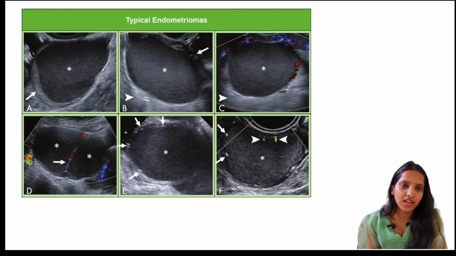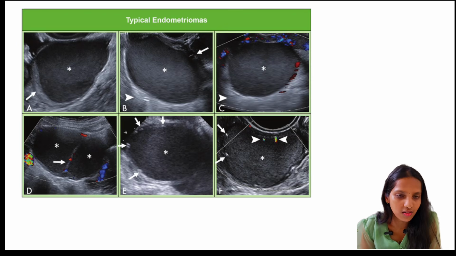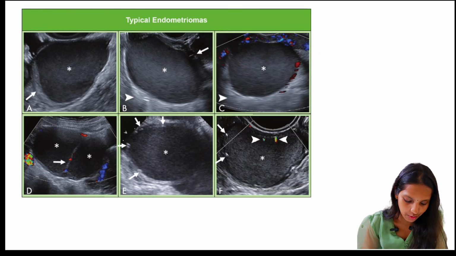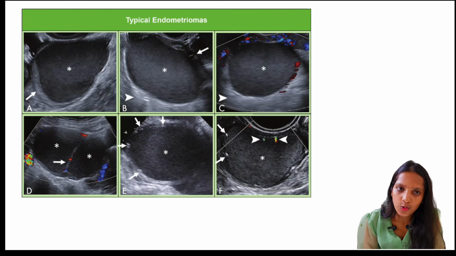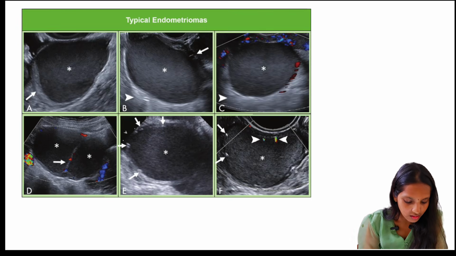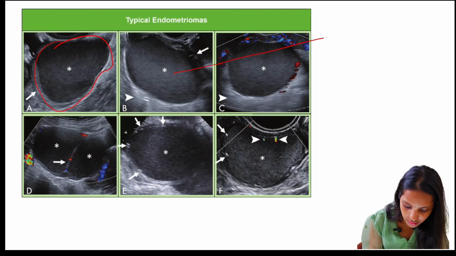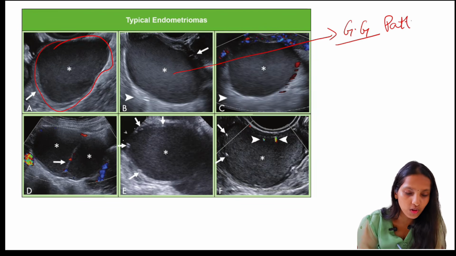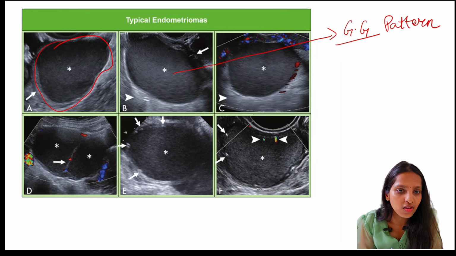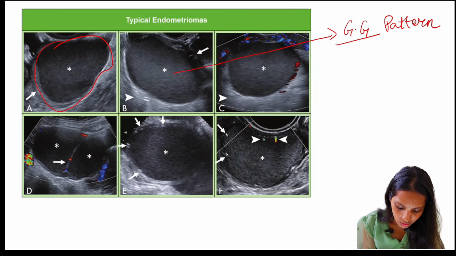Now, coming to the first type, ovarian involvement in endometriosis. The endometrioma always shows the classic ground glass pattern, defined as the GG pattern, a homogeneous ground glass pattern with low-lying internal echoes.